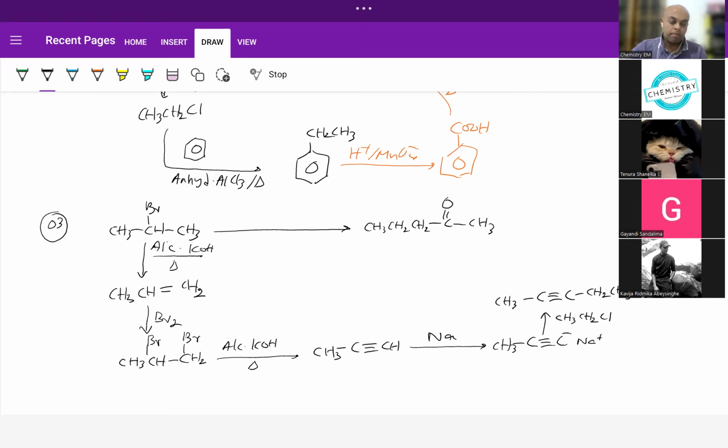Now I'm doing the addition of H2O molecules to this one, right? H2O molecules. So to do this, I'm adding HgSO4 plus dilute H2SO4 and heating this to 60 degrees Celsius. This will add a double bond O and hydrogen, which means the end product that we need.